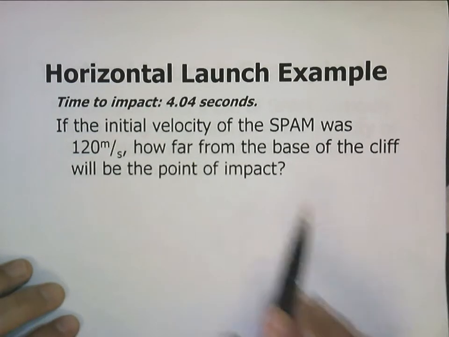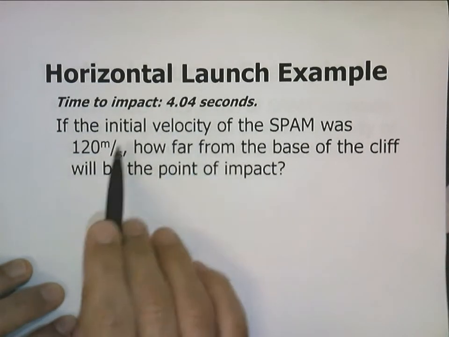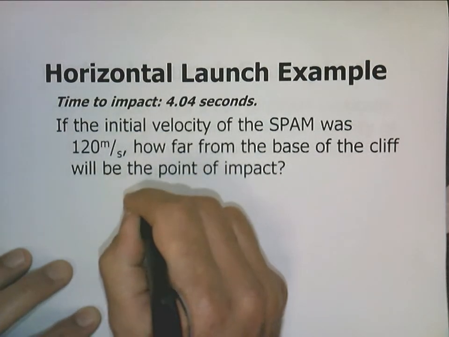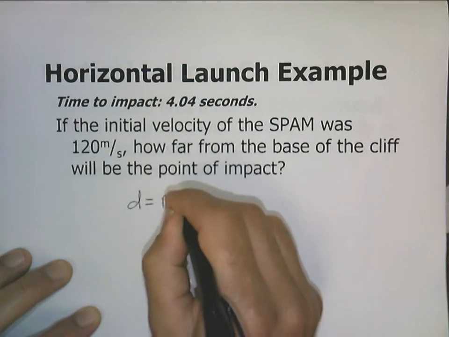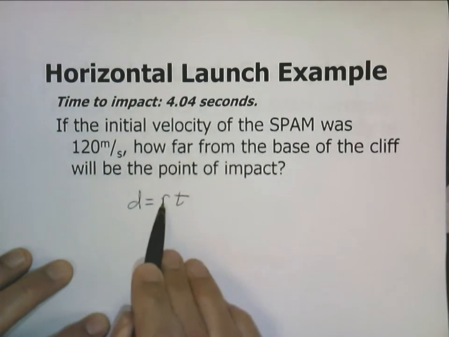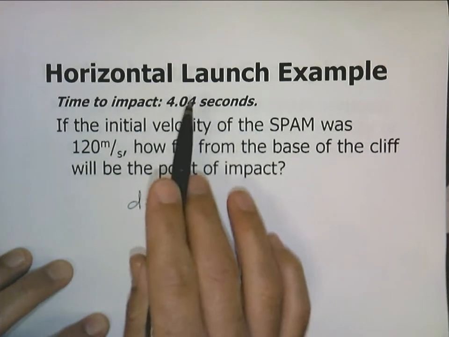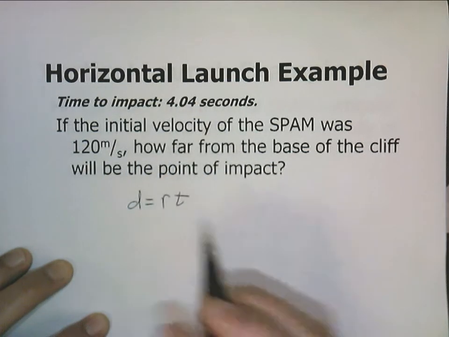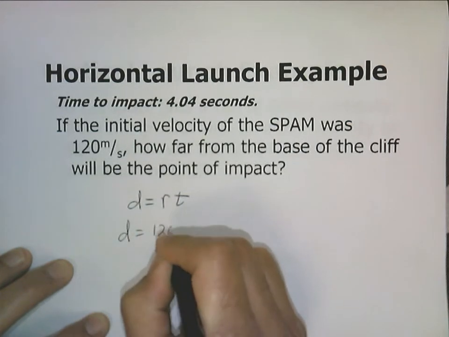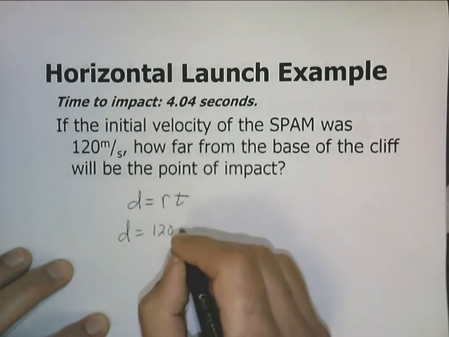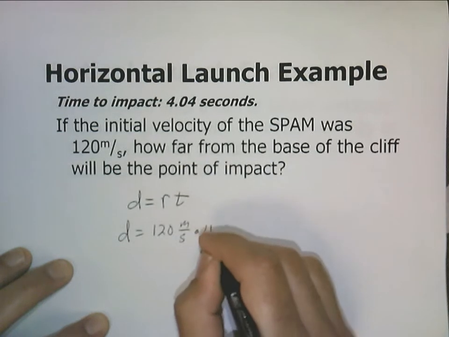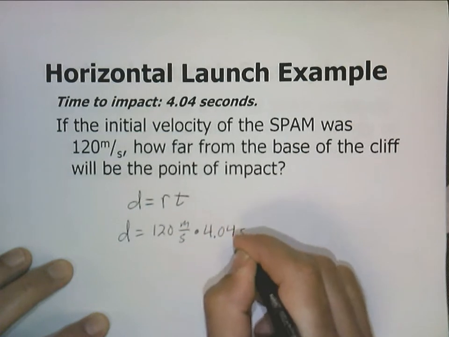So that whole time that it's falling, it's moving horizontally at this rate. So that's where we're only going to use the fact that distance is equal to rate times time, because we know what the rate is in meters per second, and we know what the time is, 4.04 seconds. So the distance will be equal to the rate of 120 meters per second times this 4.04 seconds.